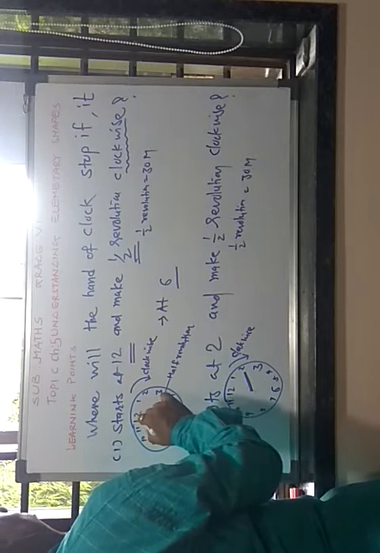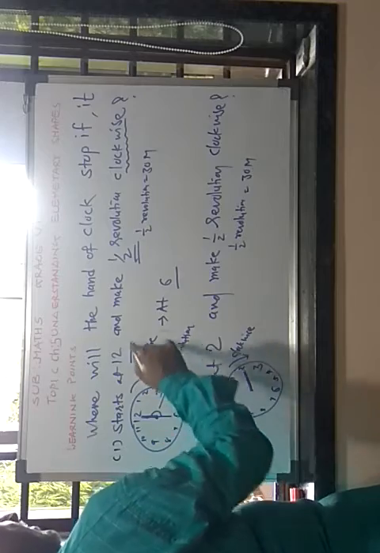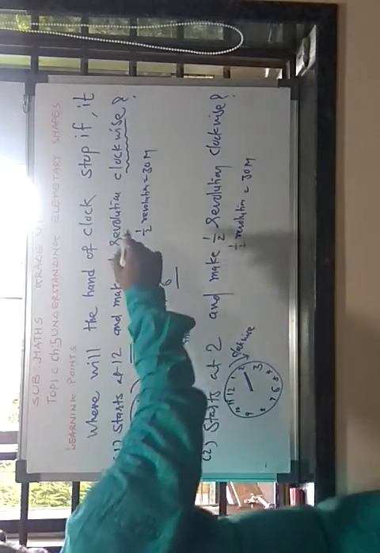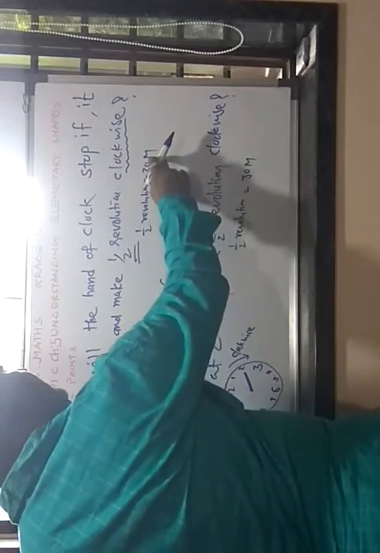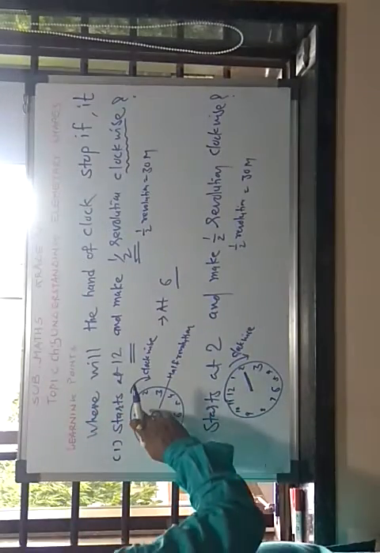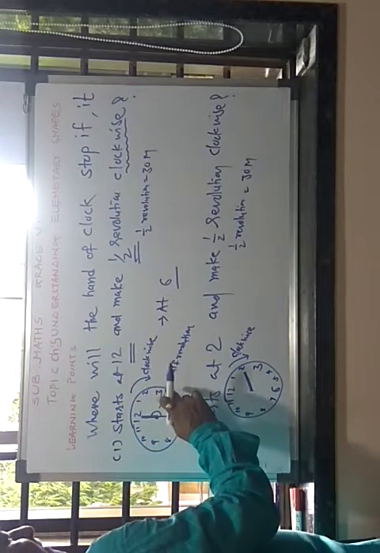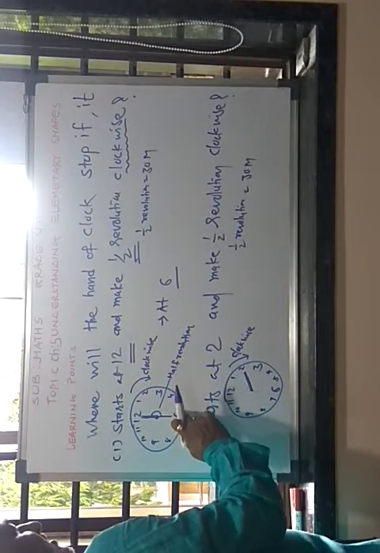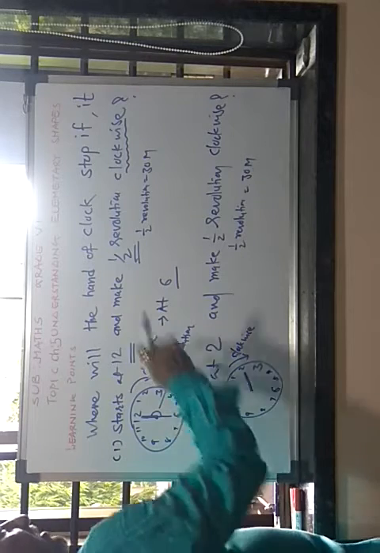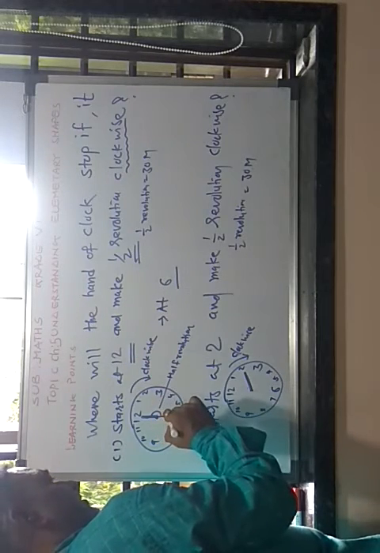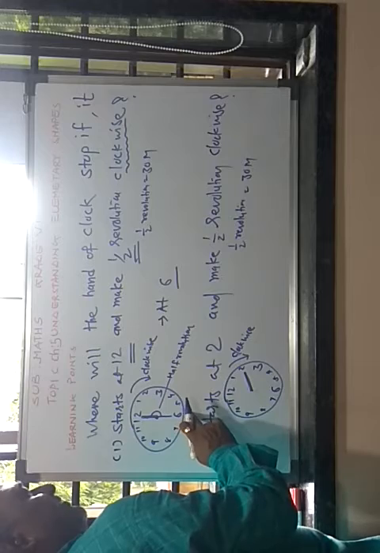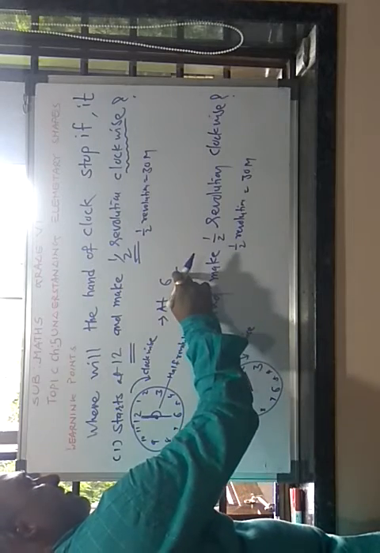You draw this line at 12 and make a half revolution. Half revolution means 30 minutes. So count from here 30 minutes: 5, 10, 15, 20, 25, 30, which means at 6. So it completes a half revolution and stops at 6. So here our answer is 6.